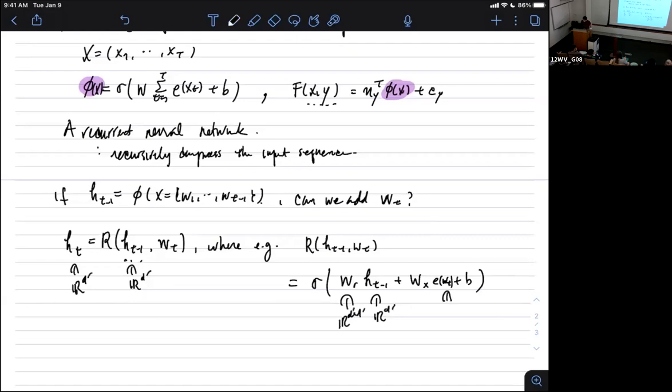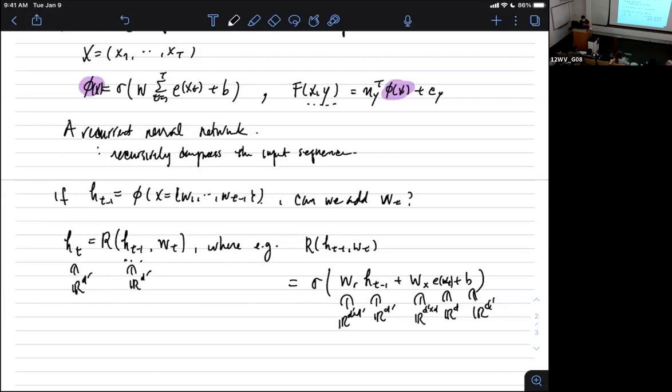And then the embedding is a D-dimensional vector. So we embed the new word WT into D-dimensional space. And what that means is this input matrix has to be D prime by D. And then what is the dimensionality of this bias vector? D or D prime? D prime, okay.